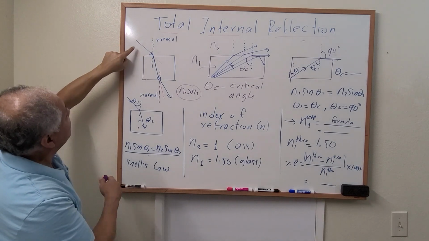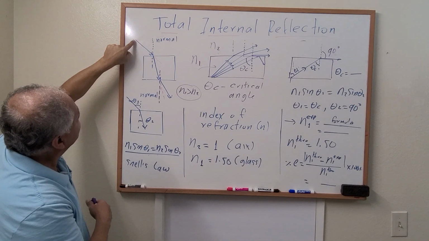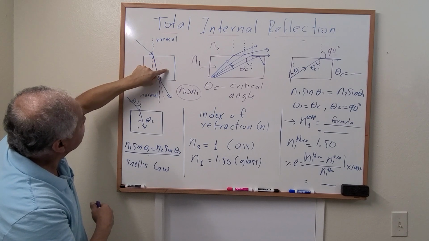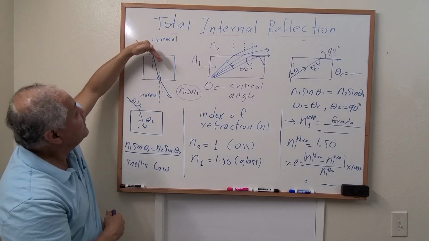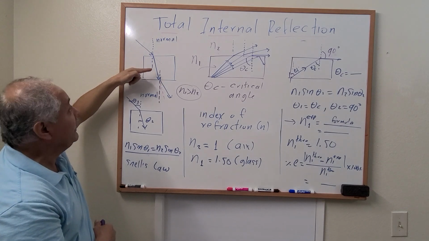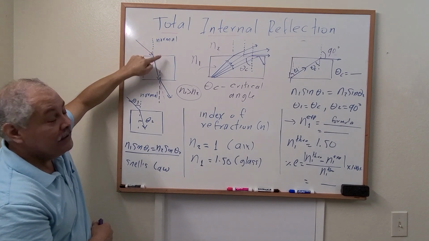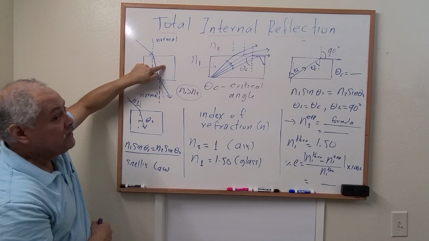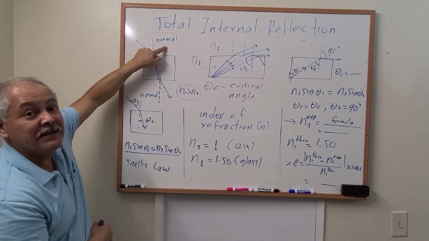Imagine at the beginning, this is the initial path of the incident ray. It's coming in this way, but because of this medium, it refracts toward the normal.